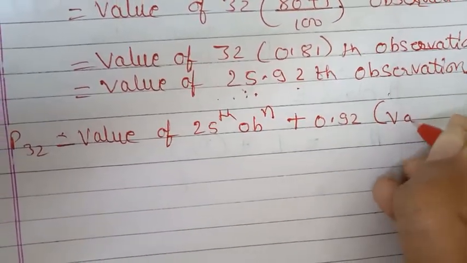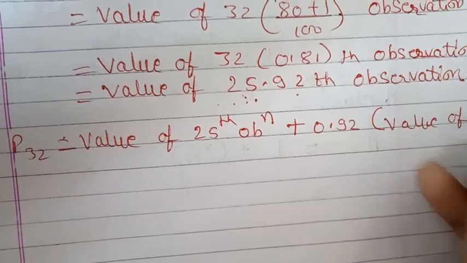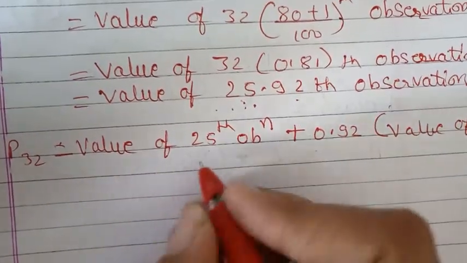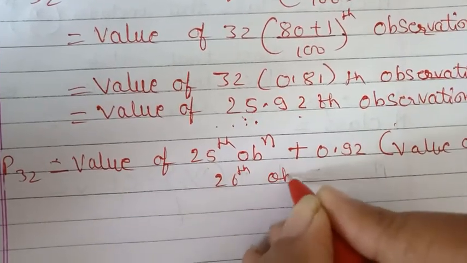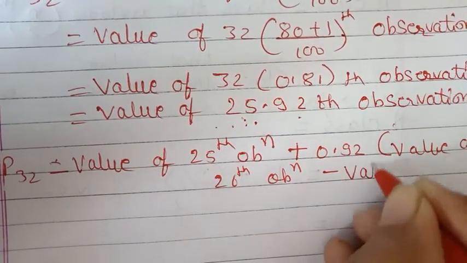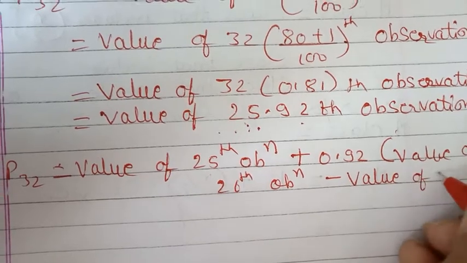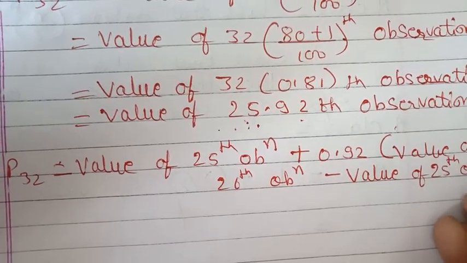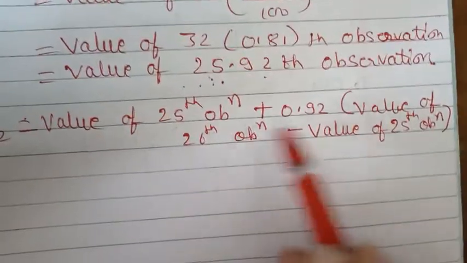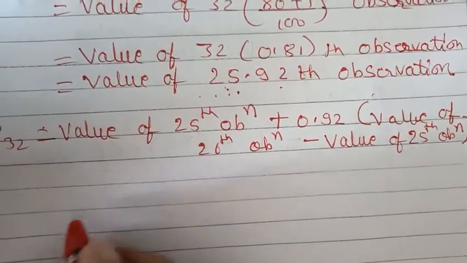So value of 26th observation minus value of 25th observation, bracket close. Now here we will replace this value.